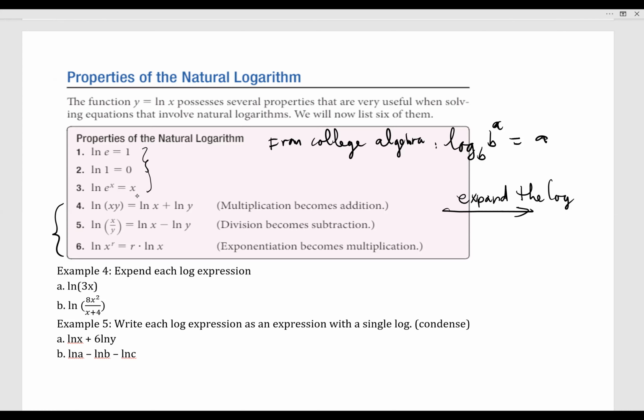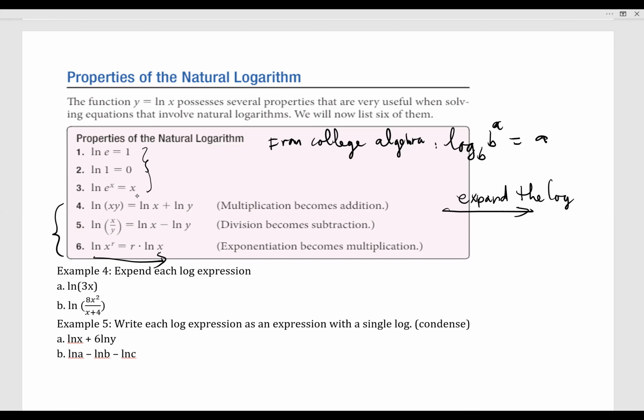Remember that the exponent in the argument of the log will move to the front of the log, to be a multiplication between a constant and a log. So this is also an expansion of the log. Remember, if I ask you to expand the log, you always go from the left to the right.